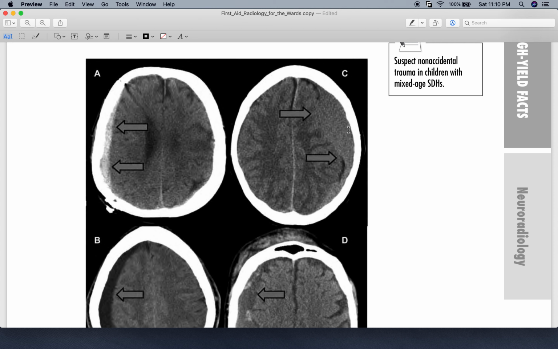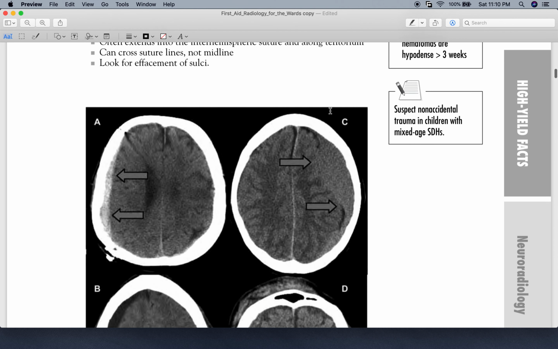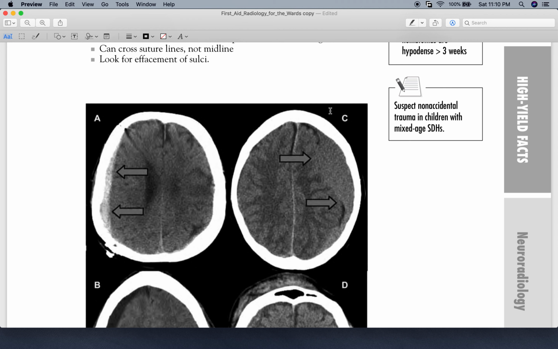But here we can see the loss of the sulci effacement because of the bleeding, of course. So that's why we have something called look for the effacement of sulci. We have a loss of the effacement of the sulci.